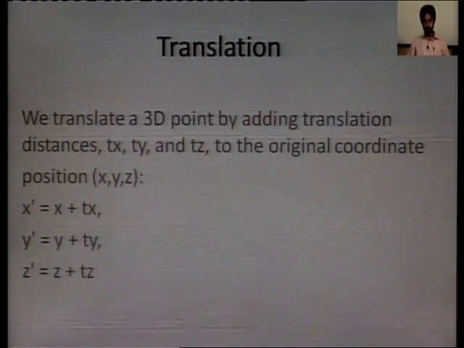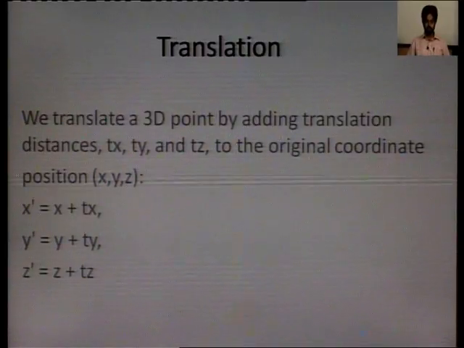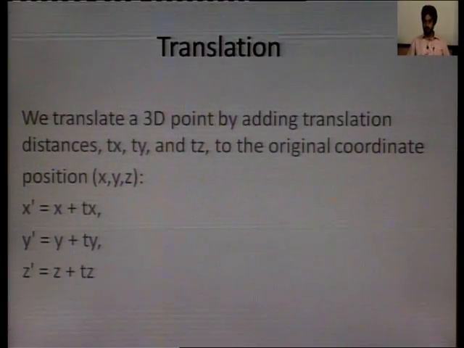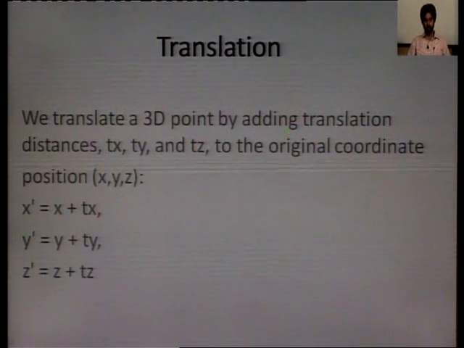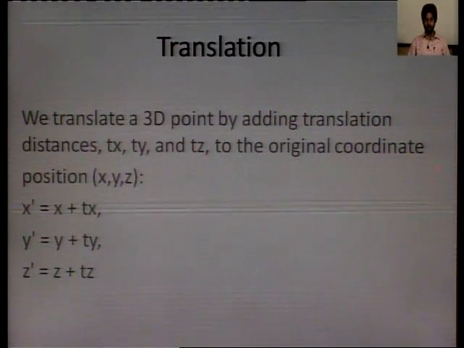So basically we have 3 coordinates x, y, z, and they should be translated to x plus Tx, y plus Ty and z plus Tz.